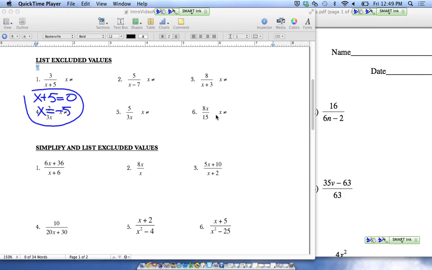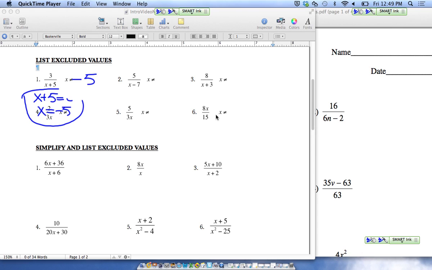So the value of negative 5 would make this expression have no meaning whatsoever. So negative 5 would be what we call an excluded value, a value that's not allowed. So x cannot equal negative 5. So beside the x cannot equal, you would write negative 5 because that's the value that makes the denominator 0.